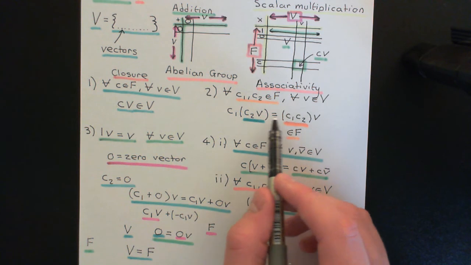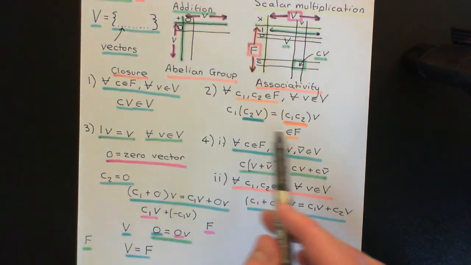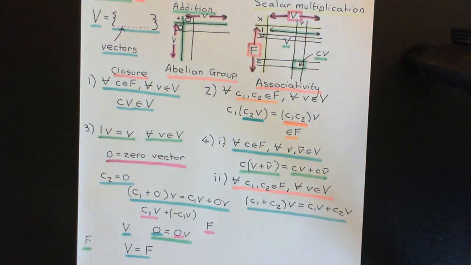So really this is just equivalent to saying that the multiplication table in the field must be associative, and indeed we know that it will be associative, and therefore this axiom number 2 here will be satisfied, if we're going to let the vector space equal the field itself.